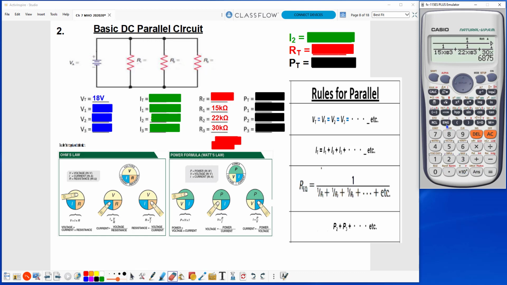It equals, I hit engineering, and my total resistance for this circuit is 6.88 kilohms, rounding the second number after the decimal place.